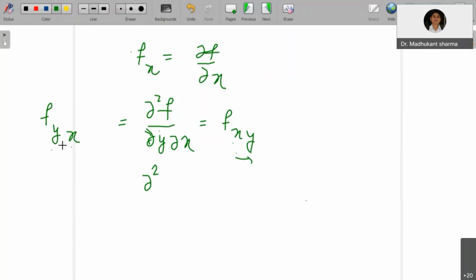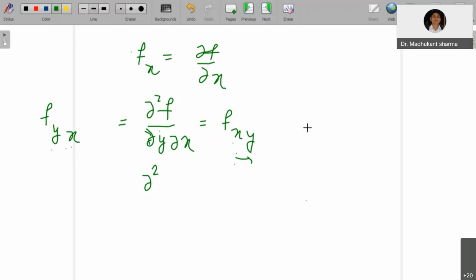Though there are examples for which f_xy is not equal to f_yx, still the class of functions where both are the same is large. So this is why it sometimes becomes immaterial whenever the mixed derivative theorem is applicable.